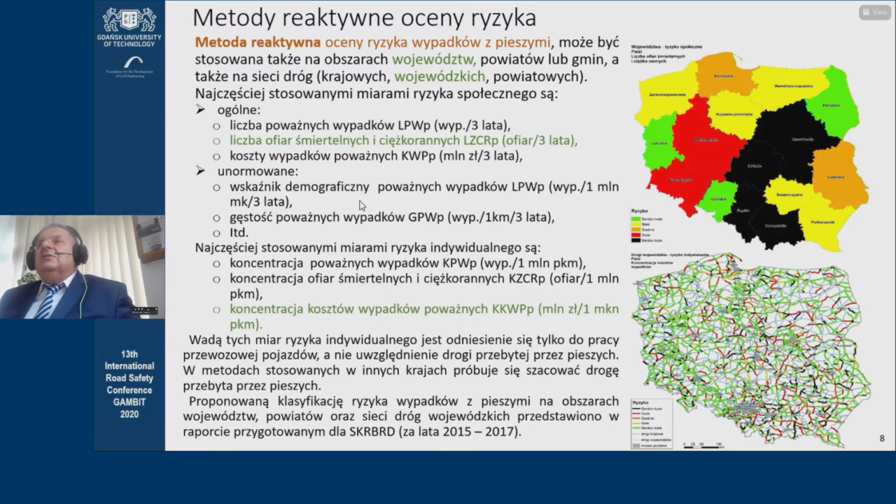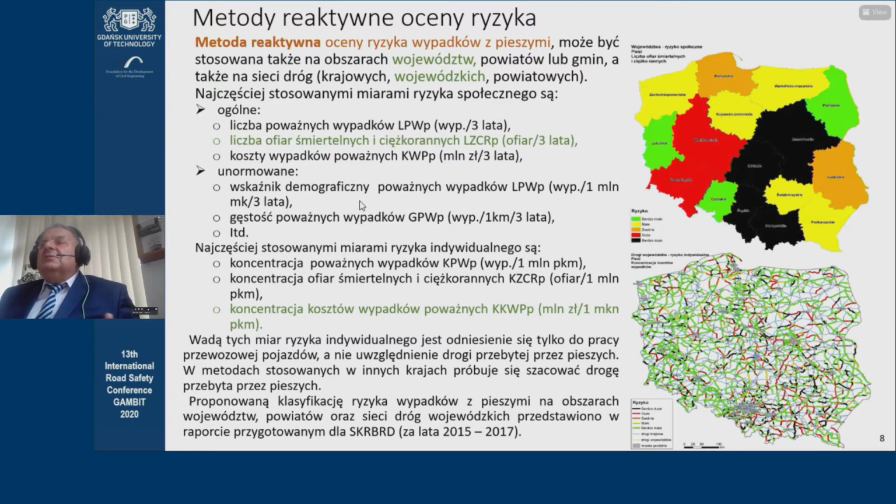Reactive methods. These methods are based on accident data, but they can be referred or related to different areas, such as a county or region or a network, or shorter, longer sections. And here's an example of a classification, a regional classification. The measure is deaths and serious injuries over a period of 3 years.